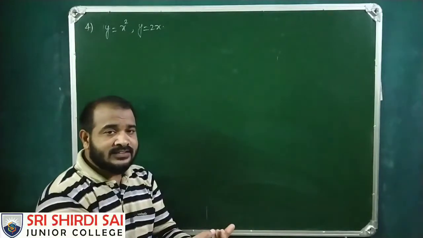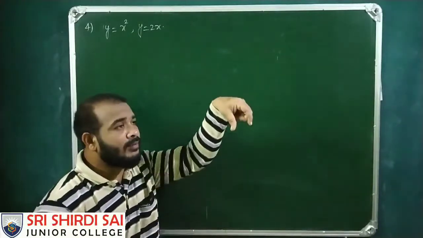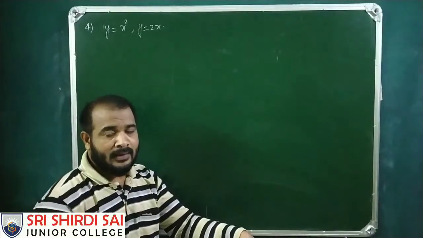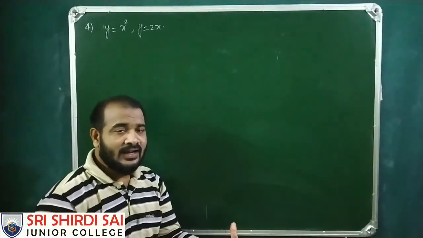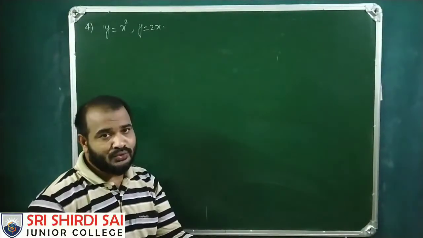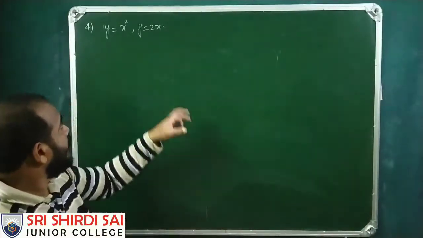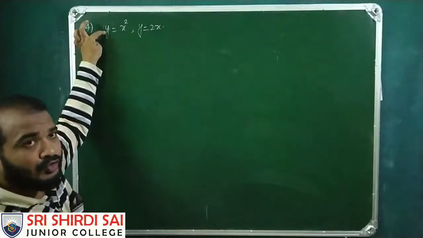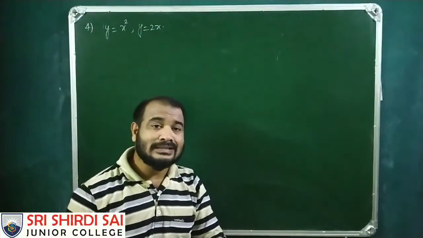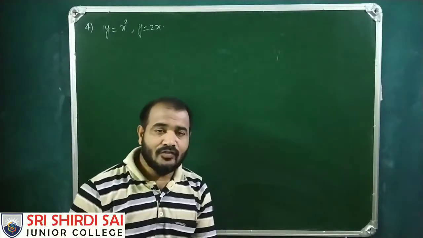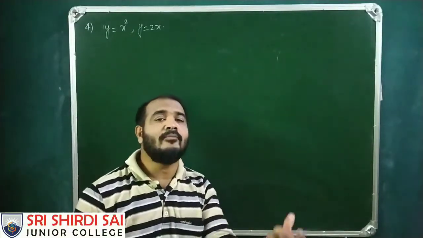Symmetric about the y-axis in the sense it could be the upward parabola or the downward parabola, but it cannot be both simultaneously. Here y has a positive sign, therefore the downward parabola is ruled out. Therefore, it should be the upward parabola.